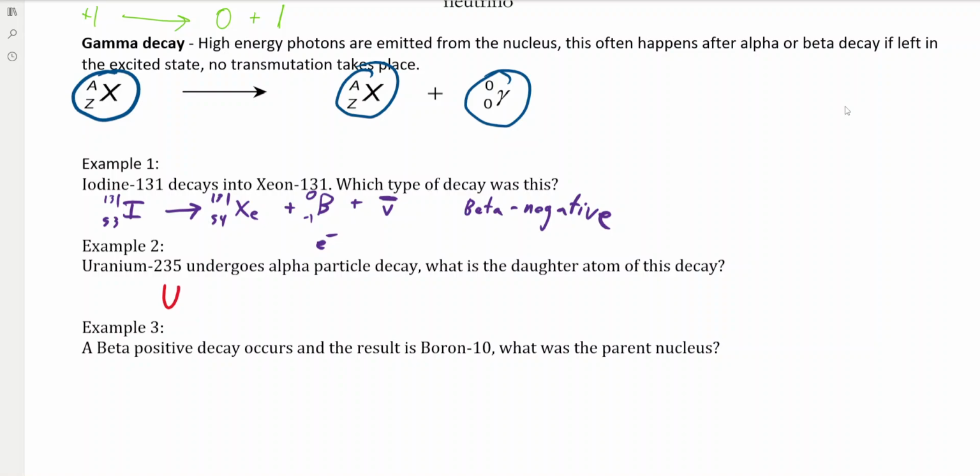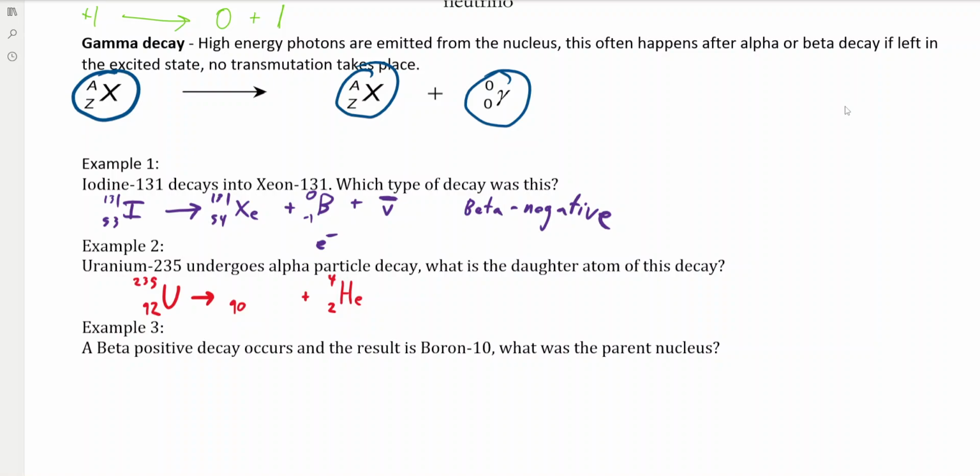Uranium-235, so again, uranium-235 ends up here. Then you check your formula sheet and we get 92 is the proton count. It undergoes an alpha particle decay. So I'm going to write it like this as helium 2,4. So basically, we're going to use those numbers to subtract from these numbers.